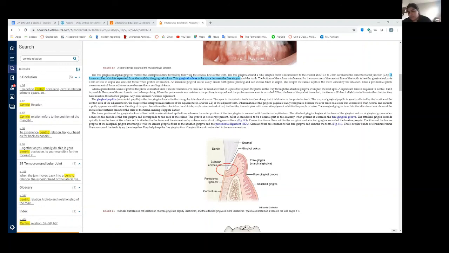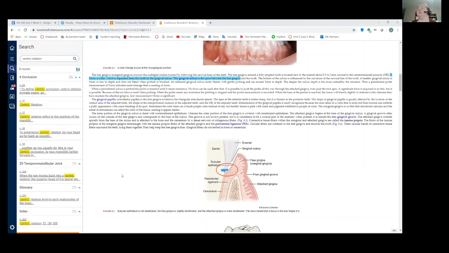Okay, do you guys remember what structure is found right here? What's this called? The CEJ. CEJ. So that's on the enamel. Let me move it a little closer. Dentogingival junction. Right here.